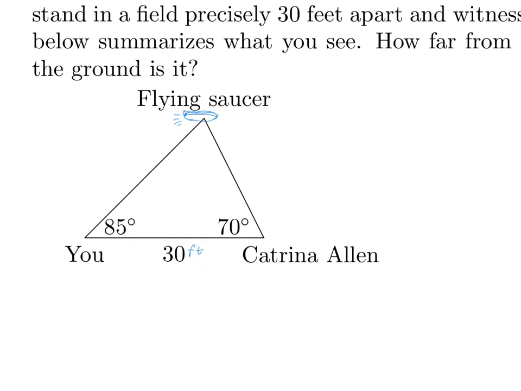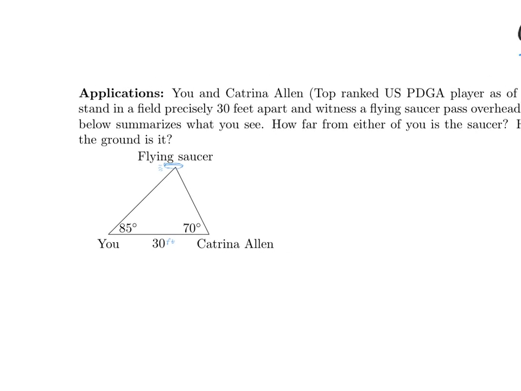You would like to know lots of things. You want to know, how far are you from the flying saucer? So what is this side length? You would like to know how far Katrina Allen is from the flying saucer. You would like to know this side length. You would like to know how far over the ground that flying saucer is. What is this side length?